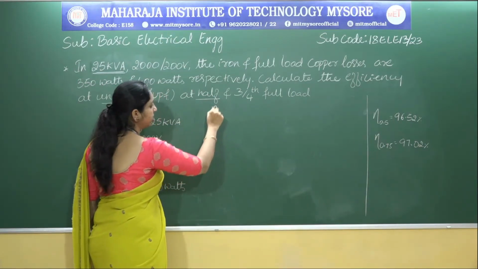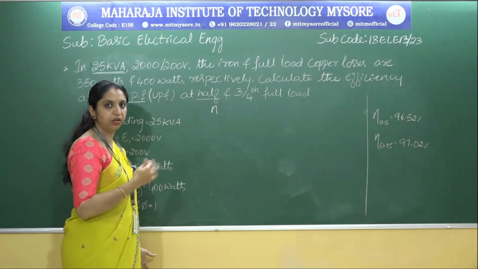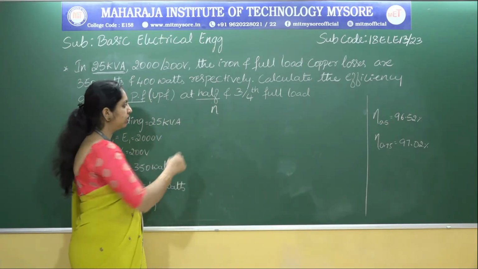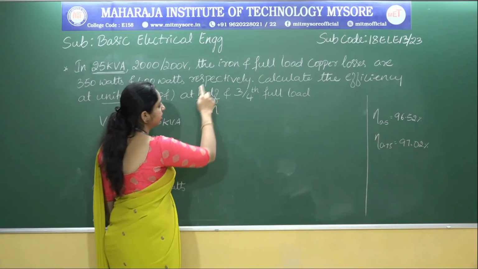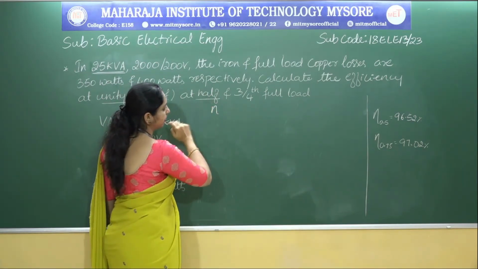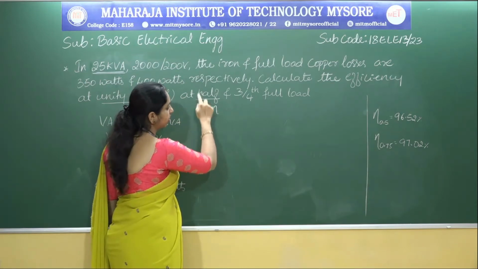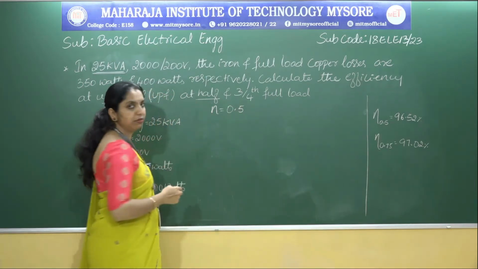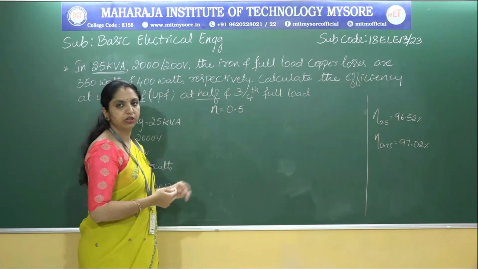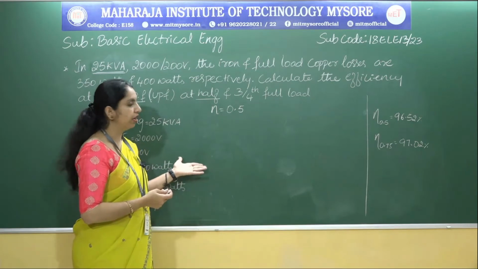N is the fractional load, as we have already defined in the earlier classes. The fraction here is half of the full load, so straight away we can write it as 0.5.